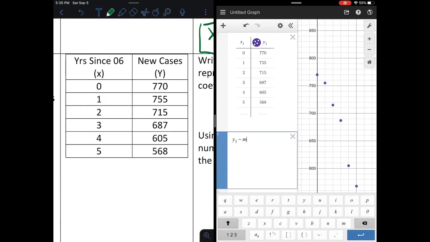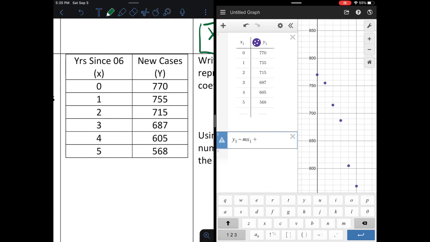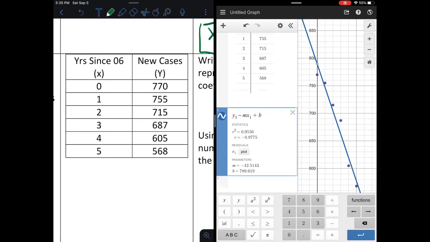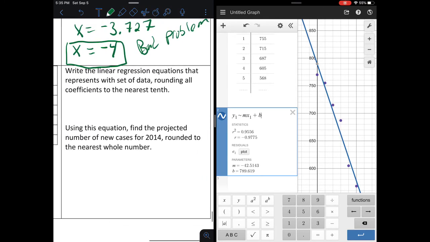So y1, well, squigglies, approximately m times x1 plus b. All right, and now I look at the graph and already visually, this looks so much better than the one we had before. So the graph that we had before wasn't very close to any of the points, and this one's actually very close to some points. And so we're going to have a much better fit from a regression standpoint in terms of our predictions.